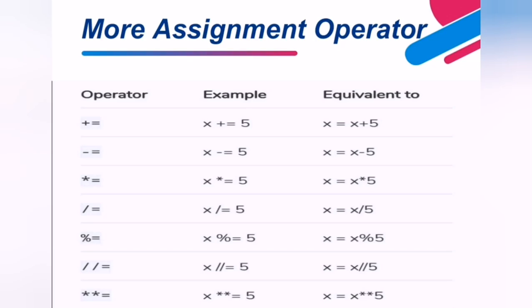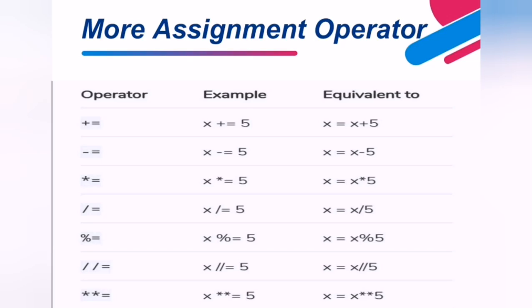More assignment operators. In this list you can see multiple operators, with examples and their equivalents, showing the actual meaning. First we can see plus equal to. Here you can see x plus equal to 5, which is x equal to x plus 5.